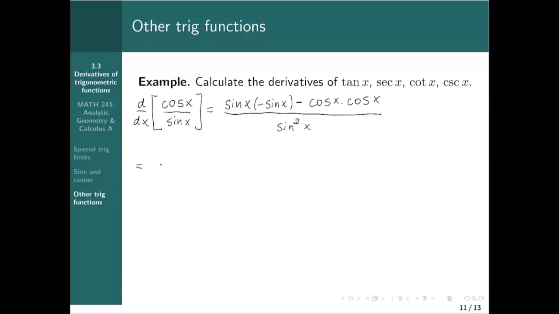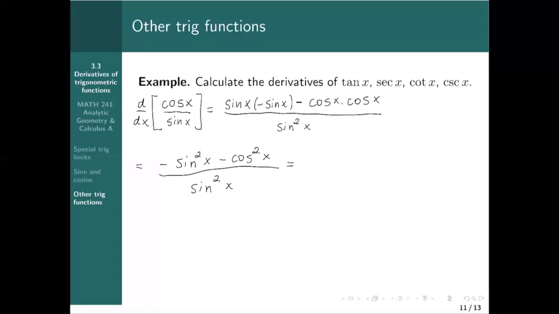So this is equal to minus sine square of x minus cosine square of x, that over sine square of x. So sine square of x plus cosine square of x is equal to 1.